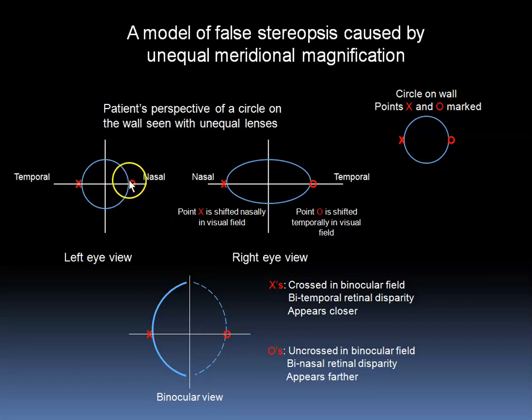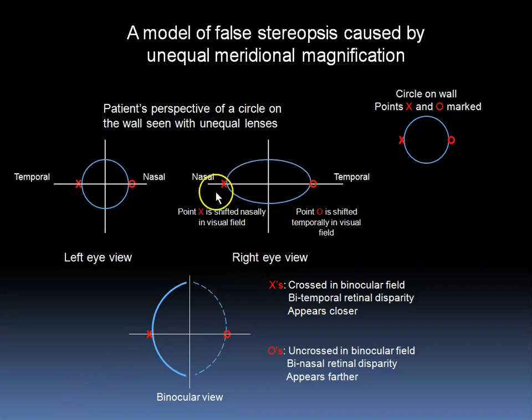Similarly, the point O here on the circle, seen by the left eye, has a shift towards the temporal side more than it should be by the horizontal magnification on the right side. In other words, the point X here is shifted more nasally and the point O here shifted more temporally in front of the right eye by this unequal meridional magnification.